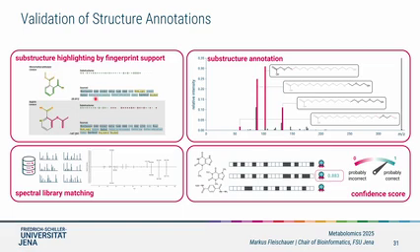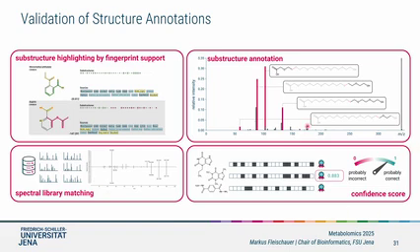So you can see how well our predicted fingerprint explains the structure candidate. The other thing we do is annotate your MS/MS spectrum with probable fragments of your structure candidate. So you can check whether a fragment of your candidate structure makes sense compared to the peak it was assigned to. The other thing is we have the library matching in there now, so you can link things back to spectra.